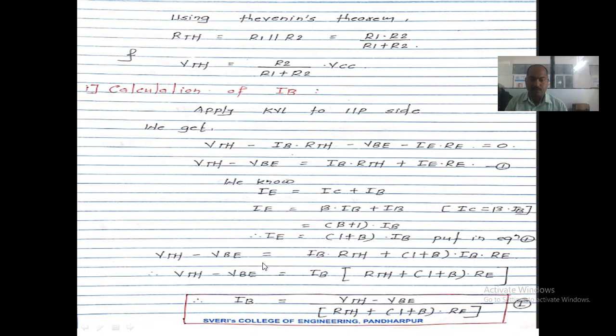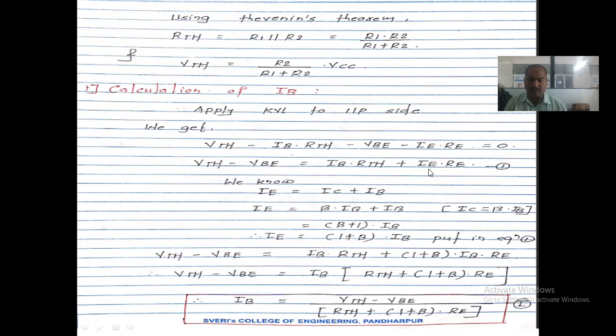Now VTH minus VB is equal to this equation, which we call equation number 1.